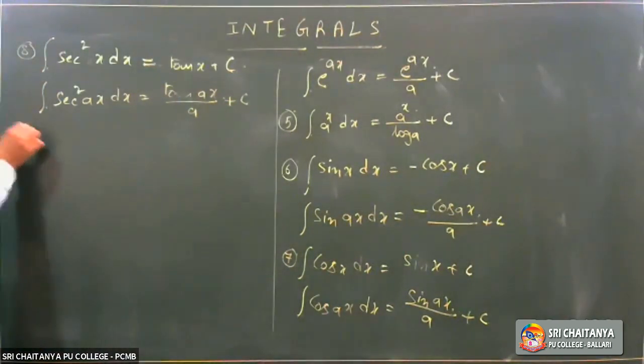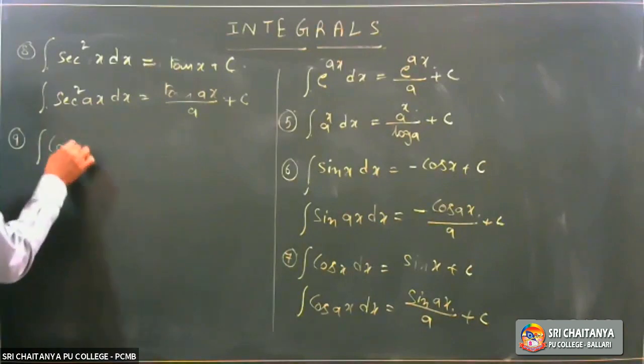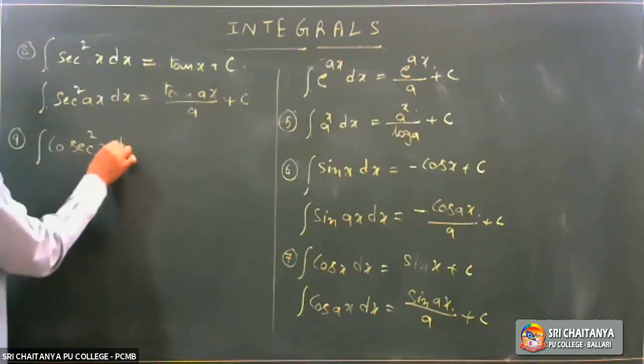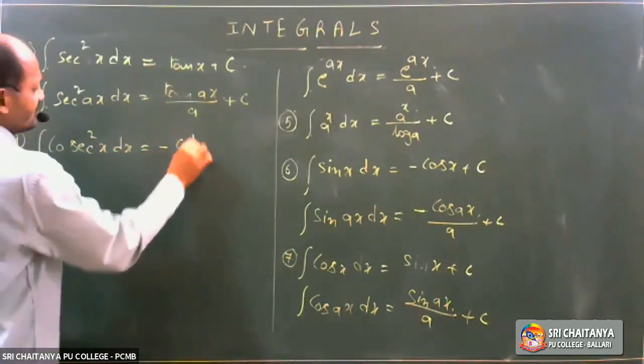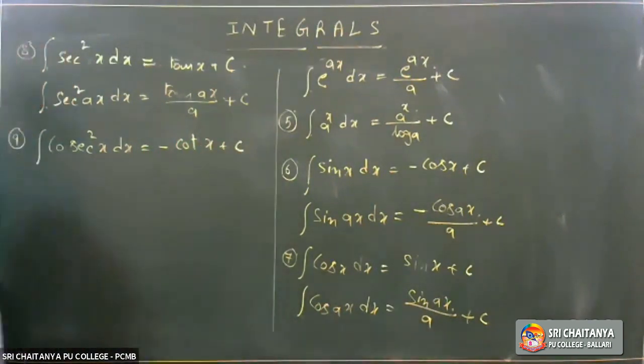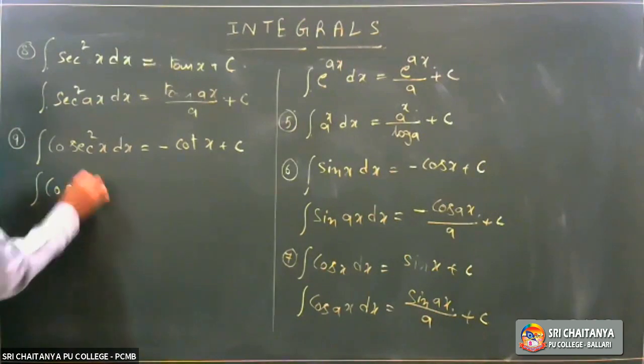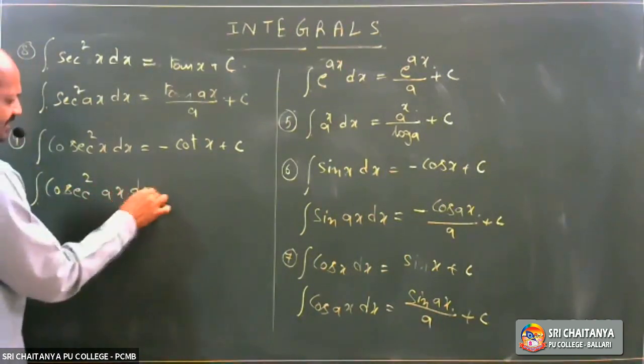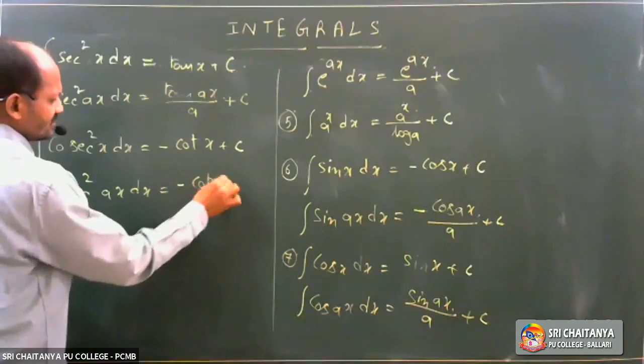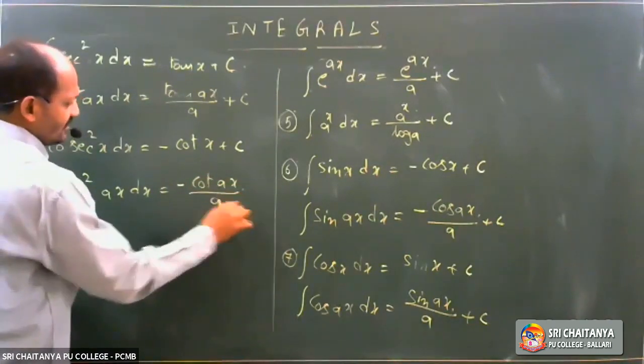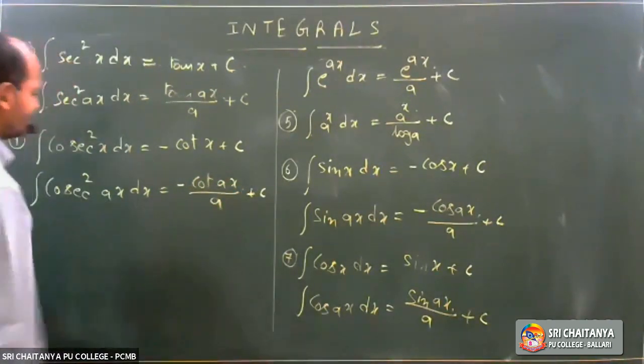Next, ninth one: integral of cosecant square x dx is minus cot x. Integral of cosecant square ax dx is minus cot ax divided by a plus c.